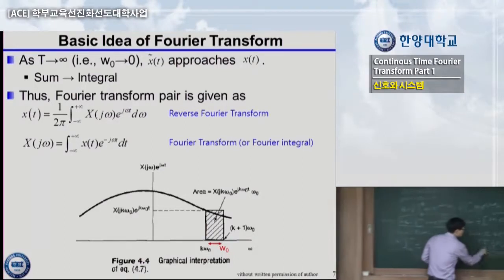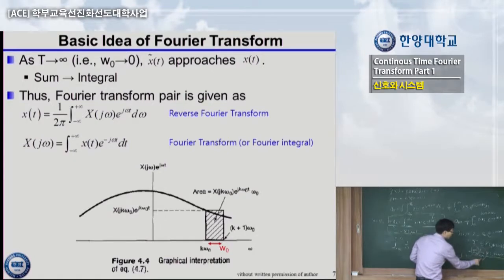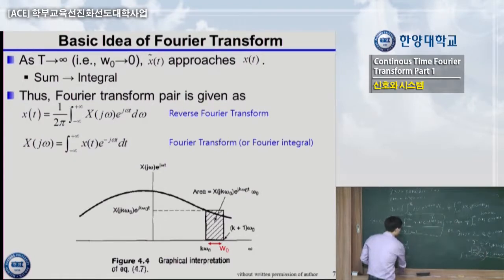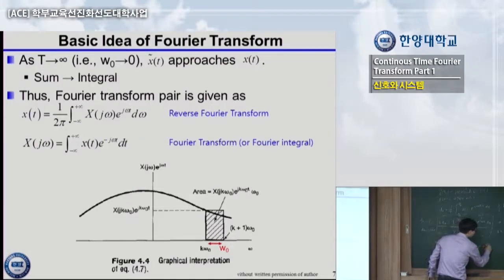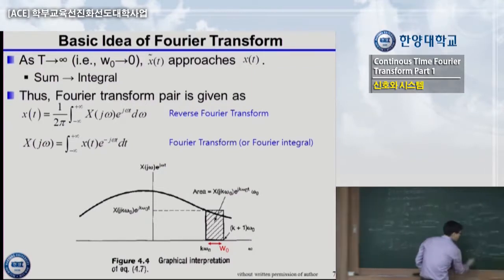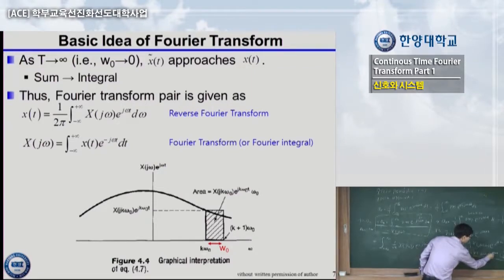So this one changed to integration. We have 1 over 2 pi, X(j omega), because we claim that k omega 0 equals omega. But as omega 0 becomes infinitely small, now we can change to omega, and then e^(j omega t), because this k omega 0 changed to omega.